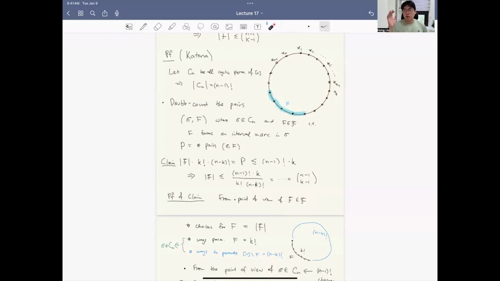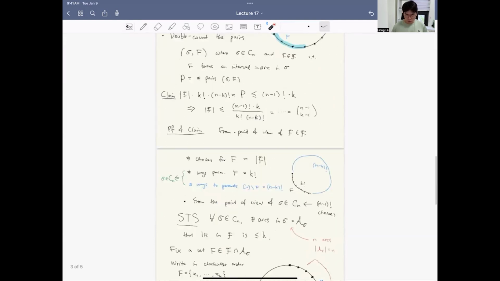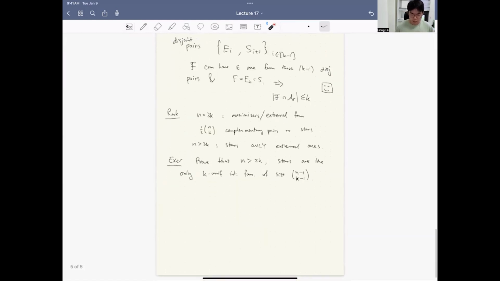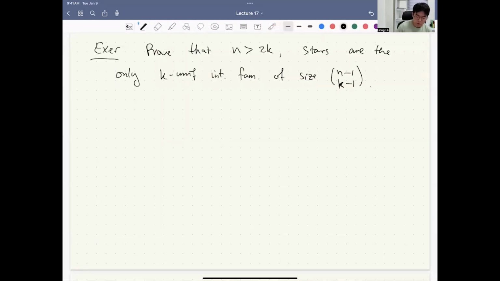Instead, we choose a uniform random cyclic permutation and look at the number of arcs in this random permutation that fall into our family F. It's equivalent. Let's do it as an exercise together. So let's rephrase Katona's proof in a probabilistic way.